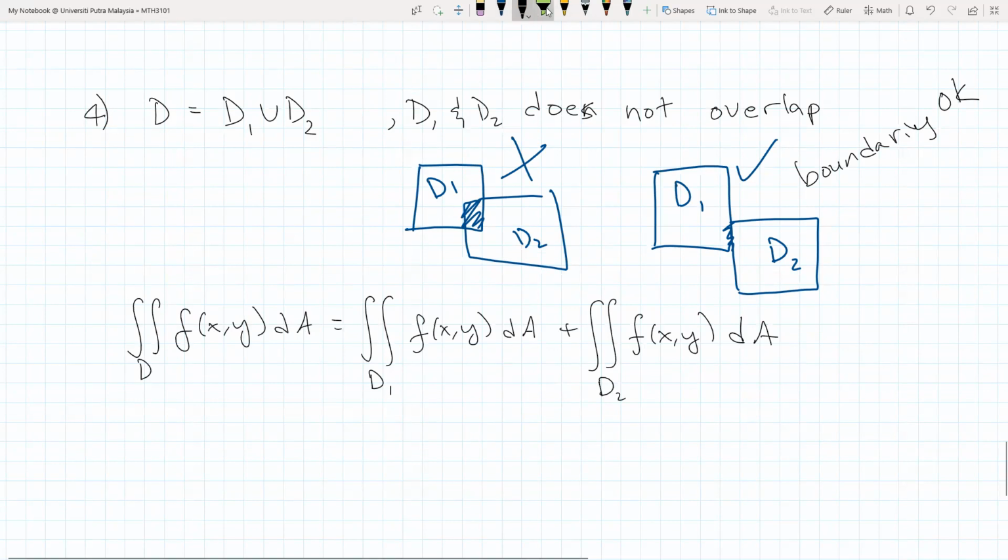Sebab seolah-olah awak buat yang ni dulu, and then after that you do this. Okay. Tapi yang ni tak boleh. This one cannot, sebab dia overlap. Dia akan jadi double, dia akan jadi overestimate.